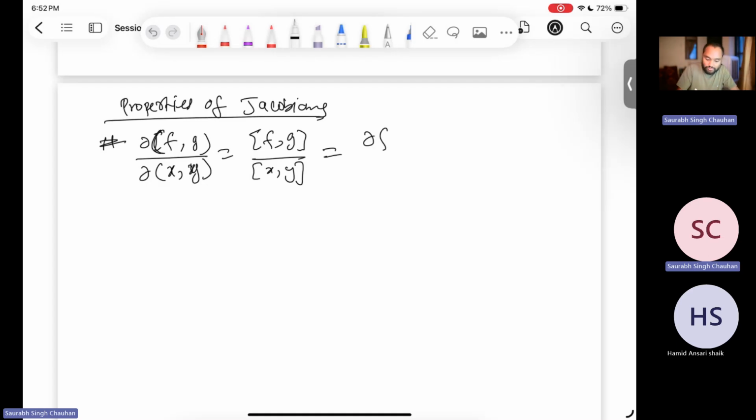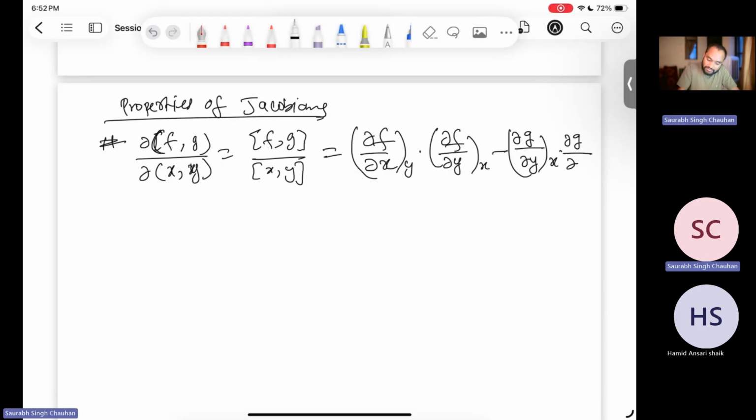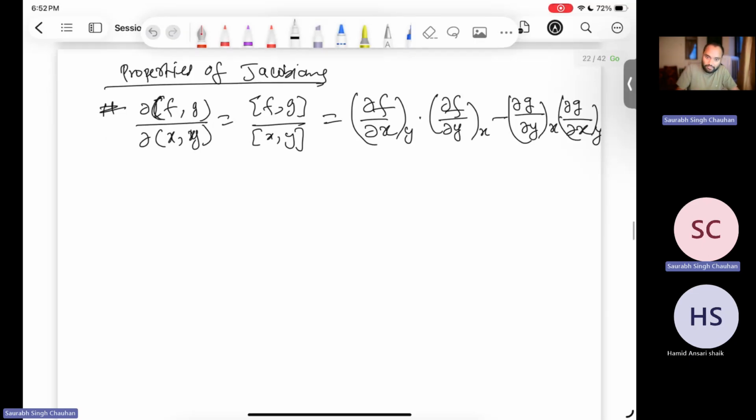First you differentiate with respect to x keeping y constant, then with respect to y keeping x constant, and you are taking the determinant, multiplying the diagonal terms and subtracting them. This is the definition of Jacobian.